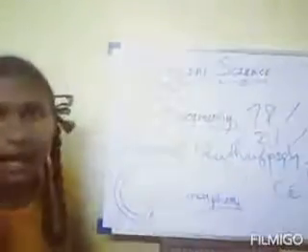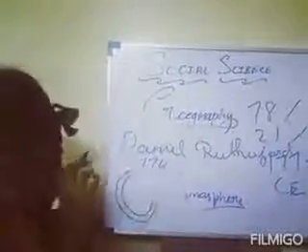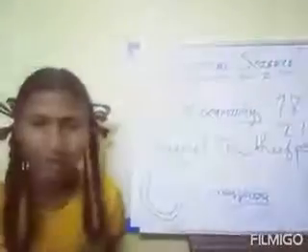In 1772 he discovered nitrogen, and in 1774 Joseph Priestley discovered oxygen in the atmosphere.